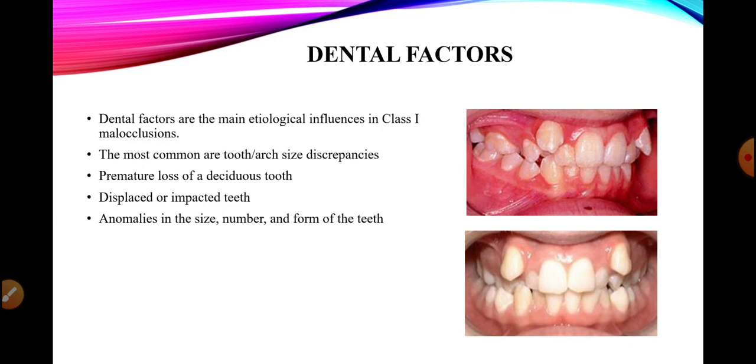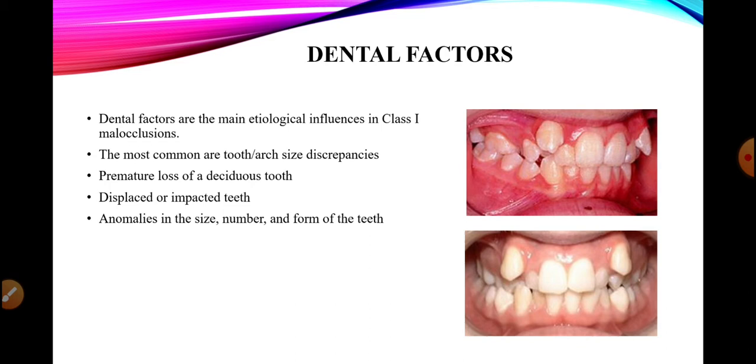So till now we have discussed what class 1 malocclusion is, and we said that it can be classified on the basis of molars or incisors, and the anteroposterior relationship in these types of malocclusions is in harmony. The discrepancy is lying within the arches. And then we talked about the etiological factors, that is the skeletal, the soft tissue and the dental factors, in which we said that majorly the dental factors are the ones determining this malocclusion.